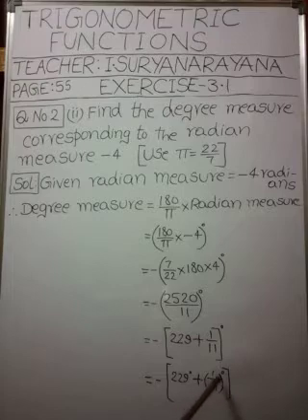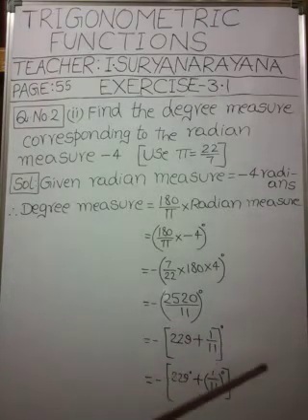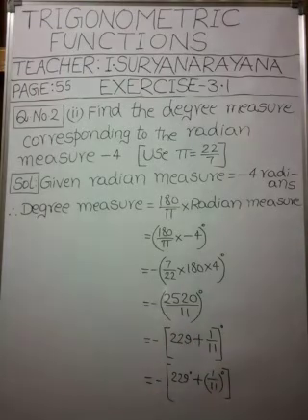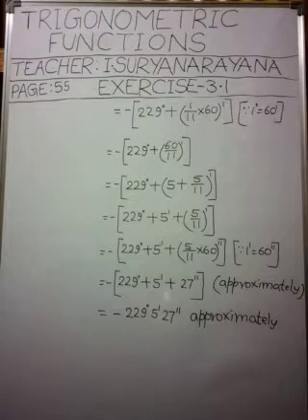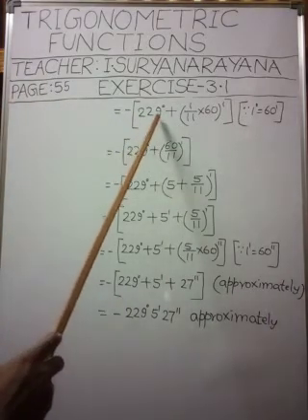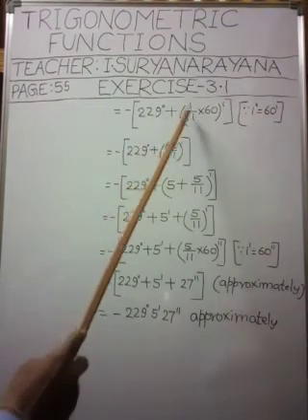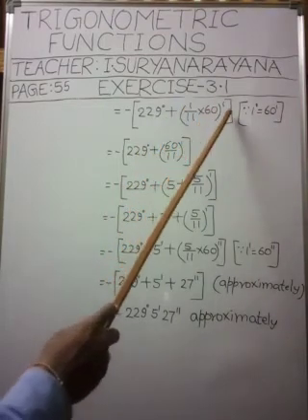Here again we convert this degrees into minutes, after that into seconds also, because there are very smaller units in the degree measure. That is equal to minus of 229 degrees plus 1 by 11 into 60 minutes.